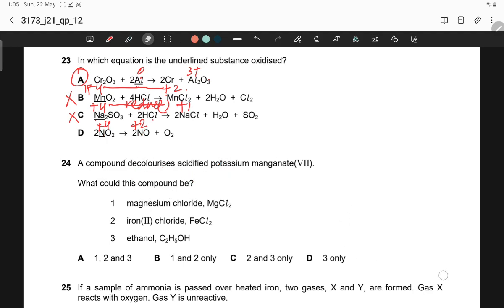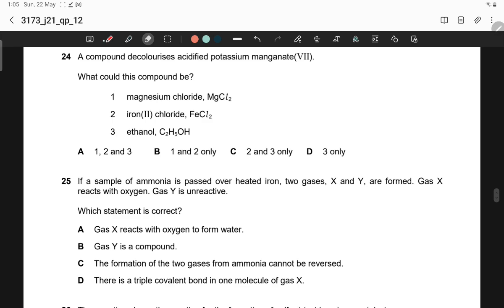Question number 24. A compound decolorizes acidified potassium manganate 7. What could this compound be? Magnesium chloride, MgCl2, iron 2 chloride. Which decolorizes acidified potassium manganate?